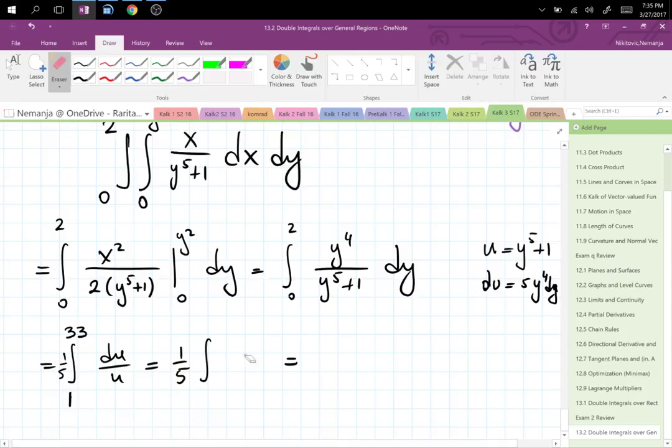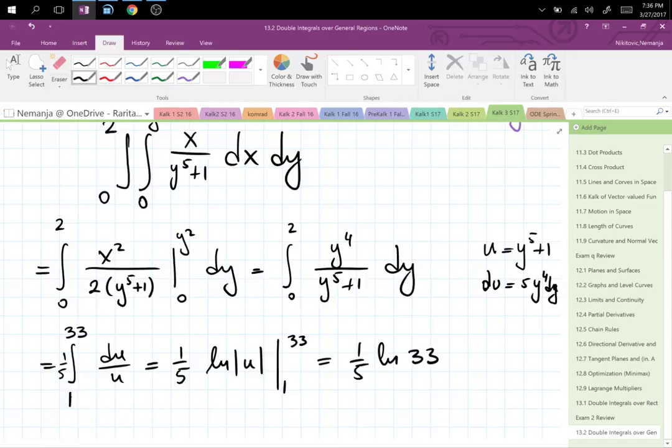So ln absolute value of u from 1 to 33, which is 1/5 ln 33. You don't have to calculate the other one: ln of 1 is 0, so that dies.